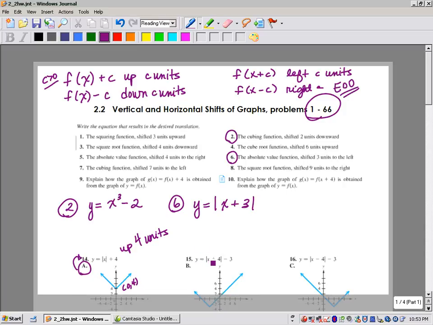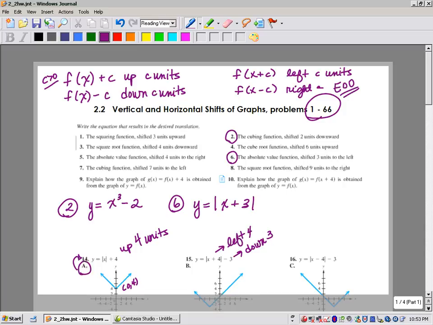Now 15, y is equal to absolute value of x plus 4 minus 3. Well, plus 4 is a shift left 4, minus 3 is going down 3. So again, what is going left 4 and down 3? That's every point that's on the basic absolute value function.